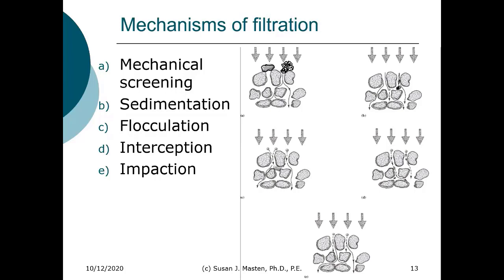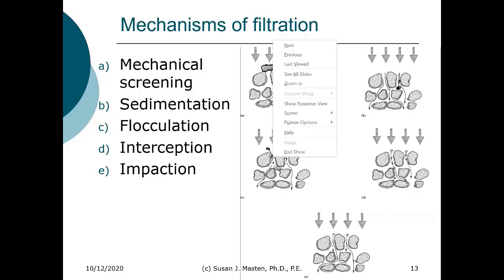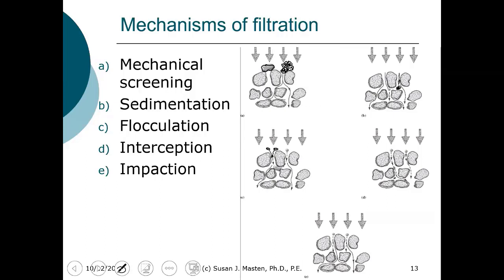Then we also have what we refer to as flocculation. Here, what happens, look, we've got this particle and this particle. These streamlines of the particles cause these two particles to collide with one another. They're able to attract, they're able to flocculate.